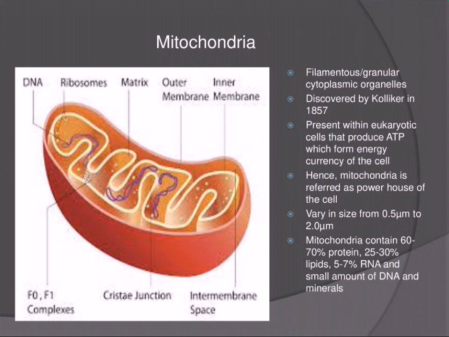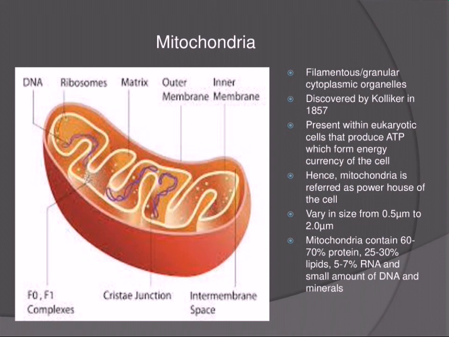Like chloroplast, mitochondria is also an organelle, and it has a granular structure, like grains, rice, wheat and all. This mitochondria was discovered by Kolliker in 1857. He discovered this mitochondria as granular structures in striated muscles.